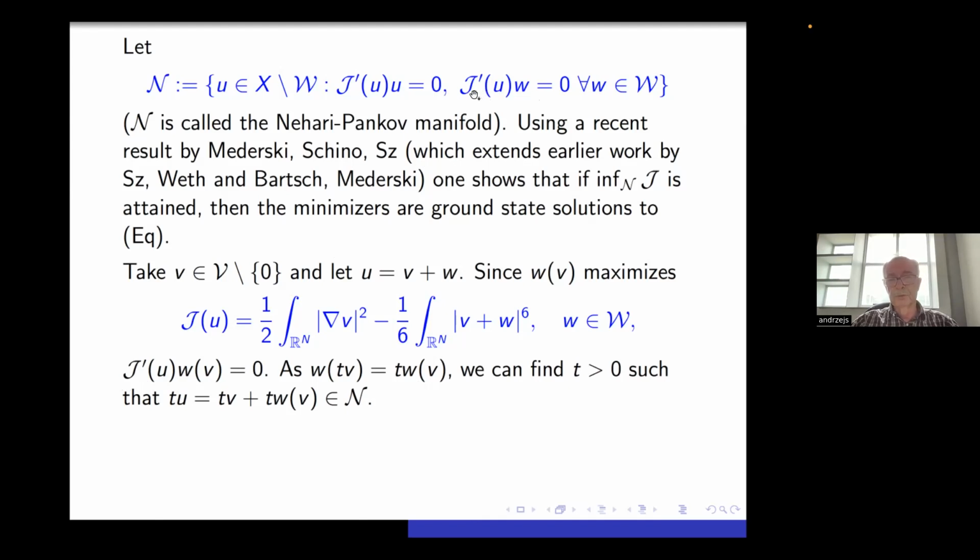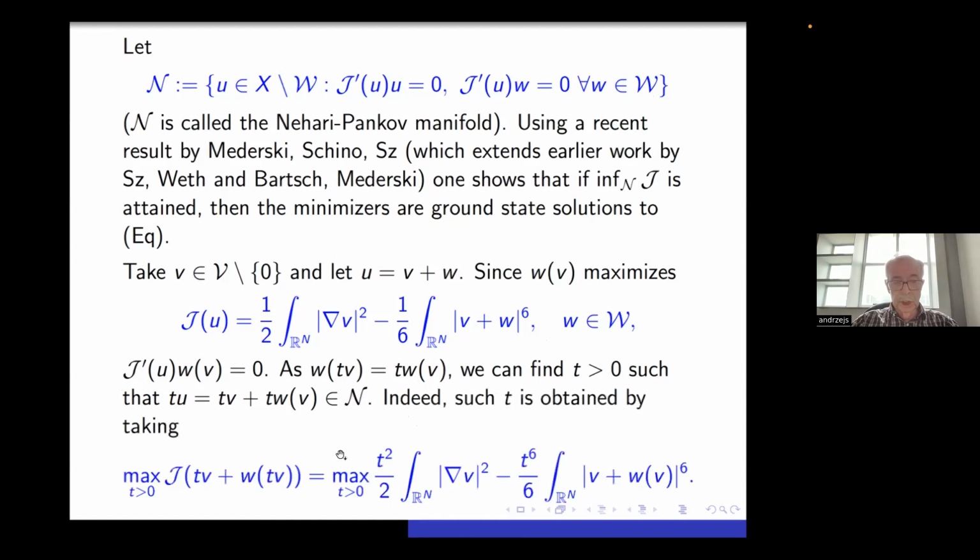So for W of V, this is satisfied. And finally, one chooses an appropriate T to get the maximum here. And for the maximum, we will have J prime U equal to 0.